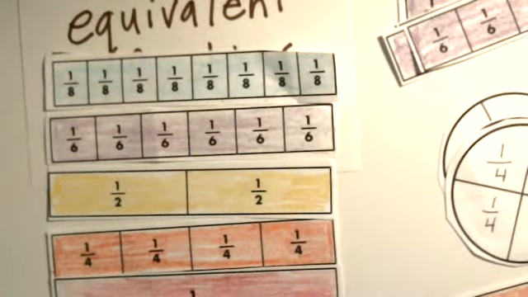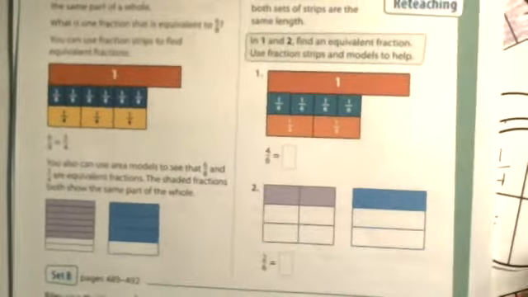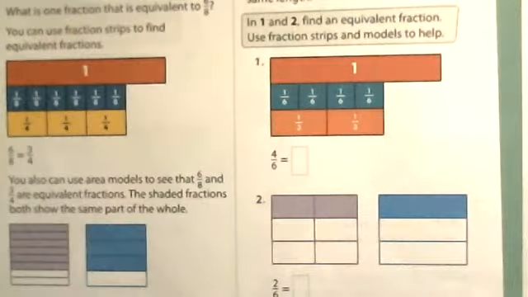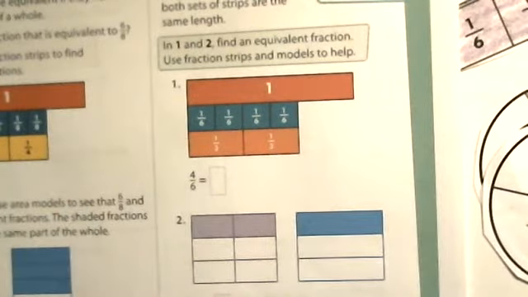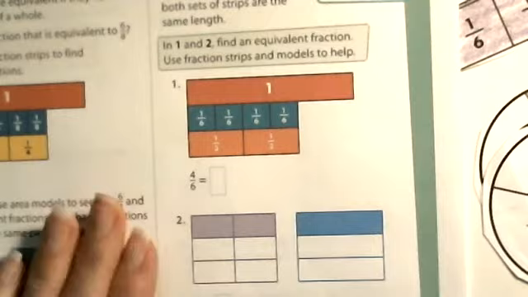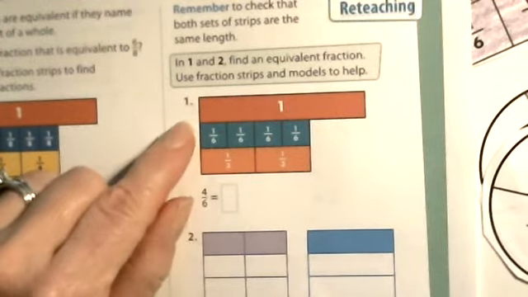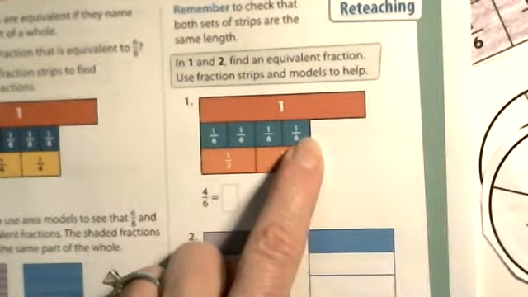So I'm going to look at a question here from our textbook, and I'm not sure if we already did this in the textbook. You can go to page 519. We might have done this in another video, but I want to go over it again if we did. So they're talking about how to find equivalent fractions with fraction strips, and they give a whole fraction strip here, and then they have 1, 2, 3, 4, 1/6.